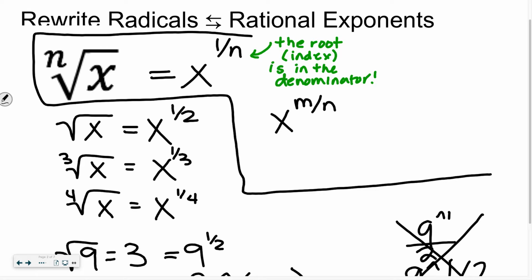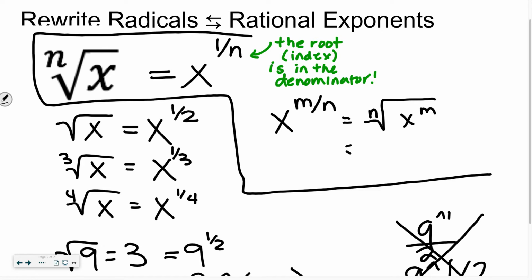Remember, the root that you're doing, or the index of your radical, is what's in the denominator. So we're taking the nth root. Okay, so I'm going to start my nth root of x to the m.